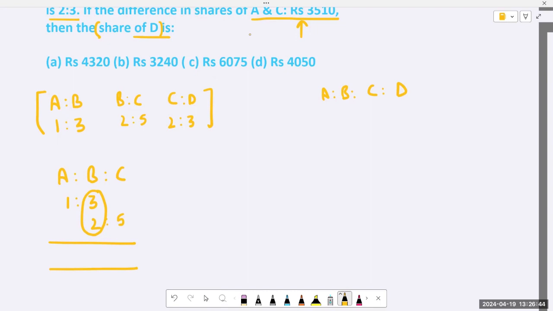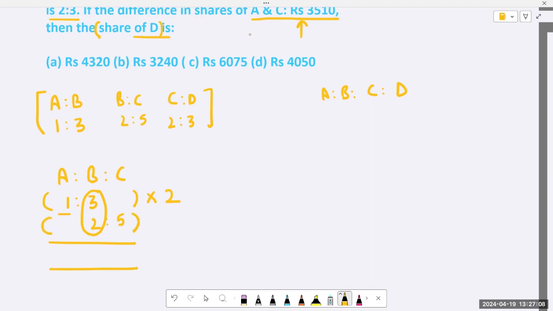Hence, we'll find out the least common multiple of these two numbers. For example, 3 and 2 in this case. And the least common multiple here is 6. So we'll have to multiply 3 with such a number that results into 6. And that particular number will be 2. But here we do not need to multiply only 3, rather even 1 needs to be multiplied.